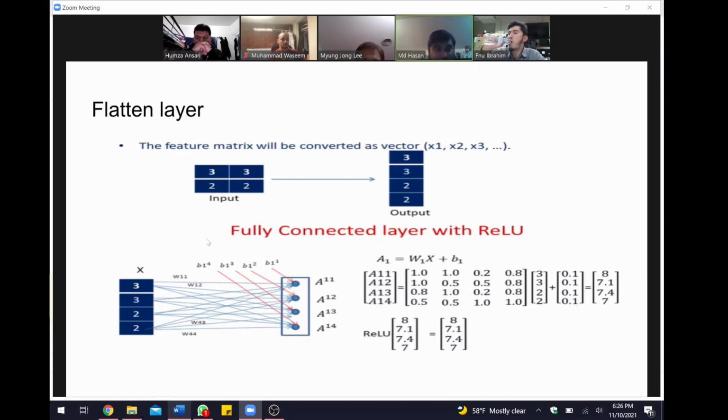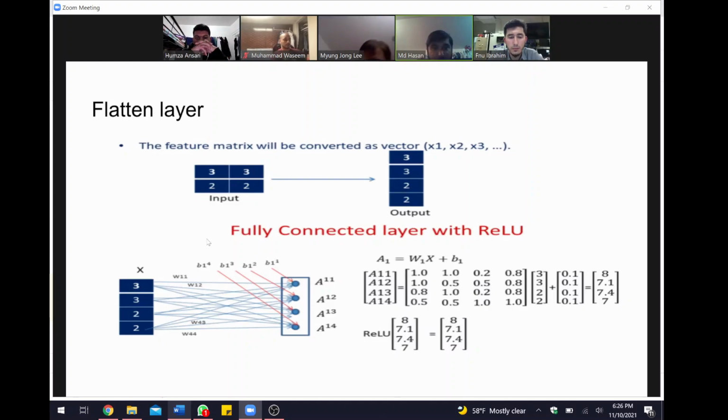This is another layer, and in this layer we have 4 neurons: A11, A12, A13, and A14. That is why we chose numbers from 0 to 1, because we're trying to keep things simple. And then x is what we're going for. The x is our flattened output, which we get from this.